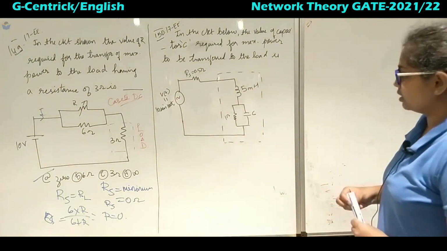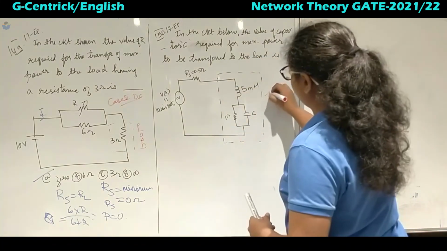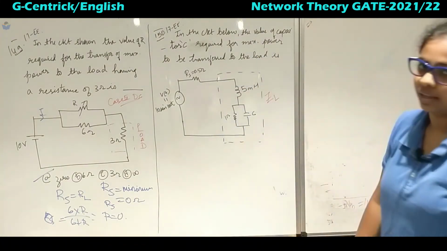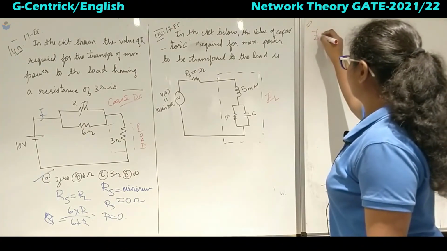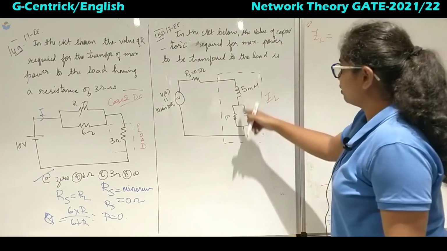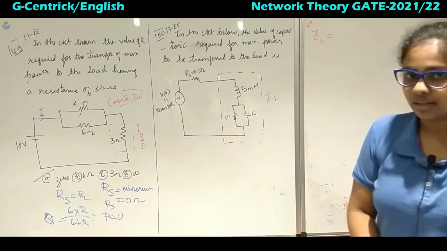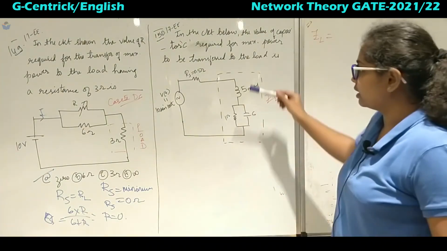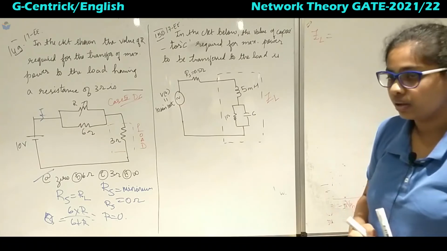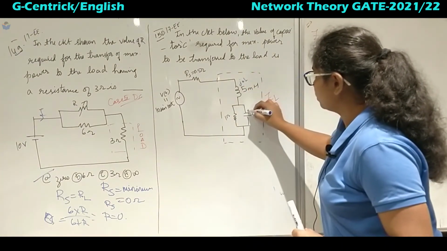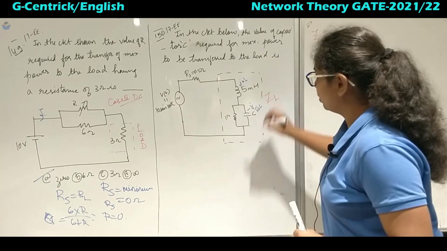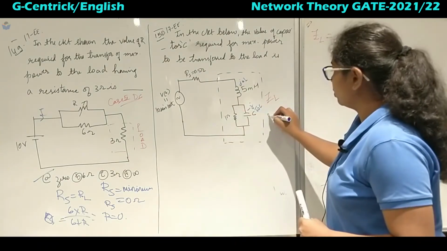So in this case, this whole load can be replaced with ZL. Okay, in this case ZL is nothing but this 5 plus. Before it is an AC network, we have to convert the inductor value and capacitor value into ohmic value. So this will be J omega L and this will be minus J omega C. So in this case, what will be omega?